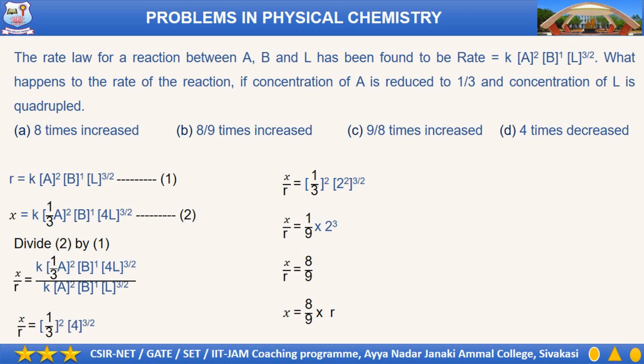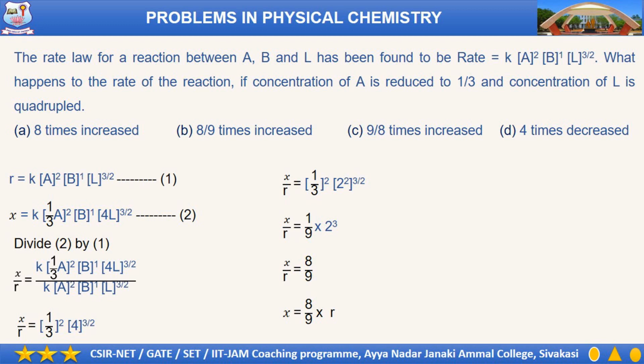And you are in need of X. Therefore, bring everything up: R into 1/3 whole square into 4 power 3 halves is equal to X. If you simplify 1/3 square, it is 1/9.